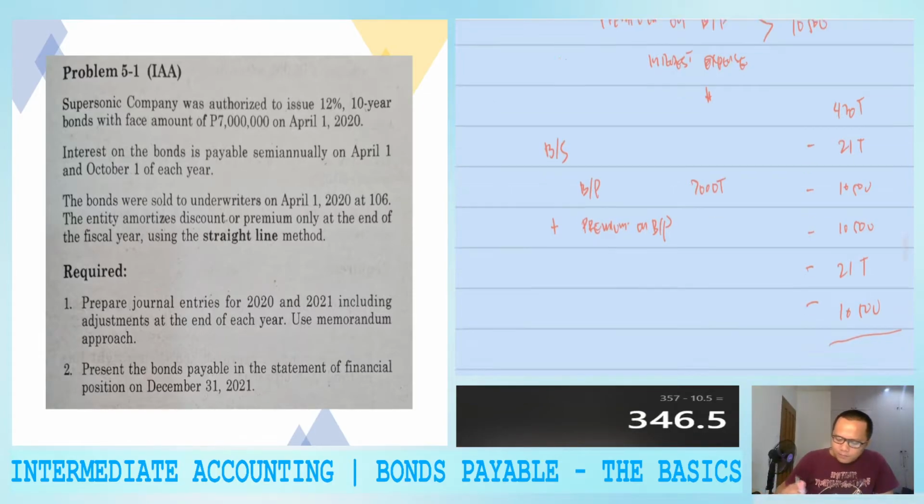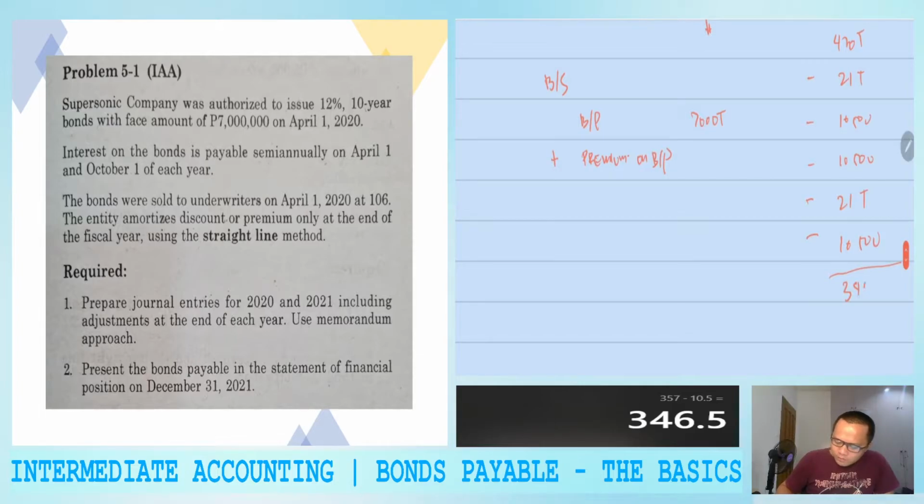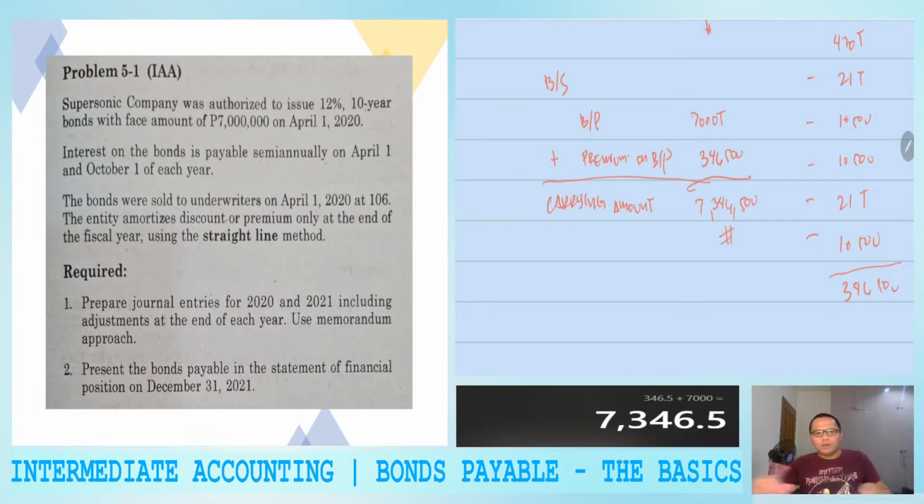So we have 346,500. The carrying amount now, we have 7,346,500. Okay? So that is for your problem 1.